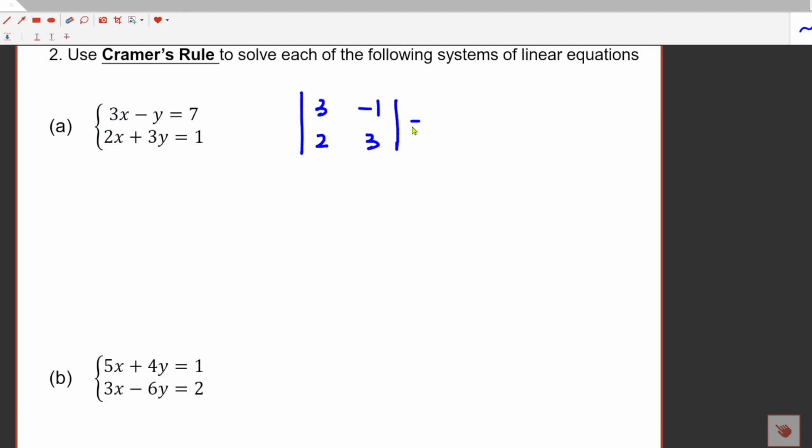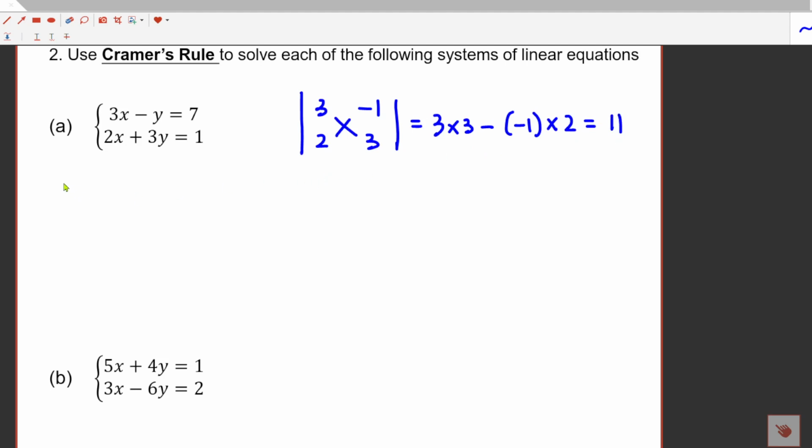This determinant is 3 by 3 minus -1 times 2. And this gives us 9 plus 2, which is 11, right?